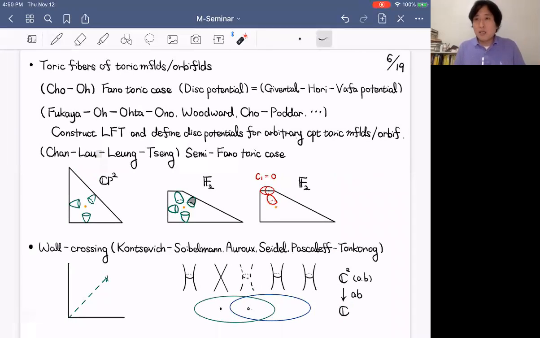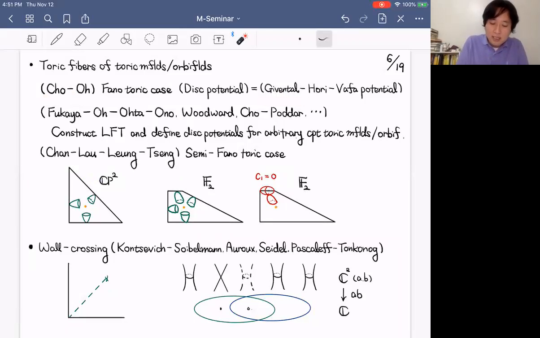Now let me summarize some known results along the computation of the disk potential. The first one is Cho and Cho-Oh. They actually compute the disk potential of the toric fiber in a toric Fano manifold. What they prove is that the disk potential function agrees with the Givental-Hori-Vafa potential, which was already known previously.